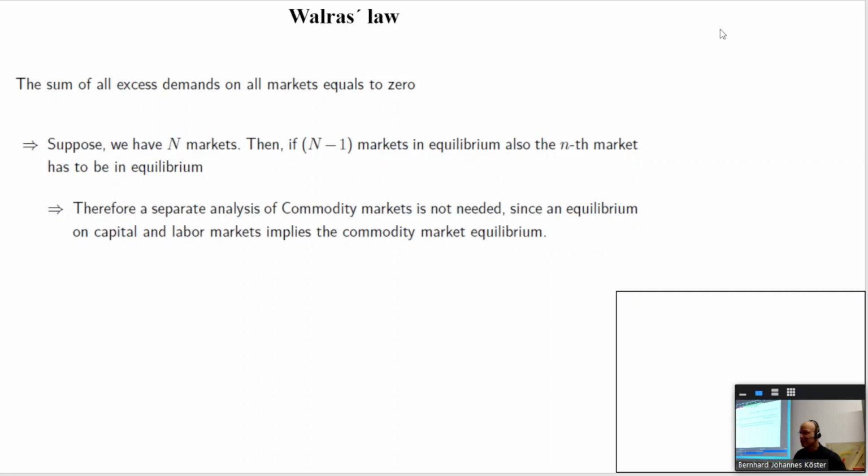And this means if we look simultaneously at all our markets, and some markets are not in equilibrium, then we can say, well, at one market we had an excess demand, and on other markets we had excess supply, and so on. But since all markets have an interdependence, the sum of all excesses has to sum up to zero.